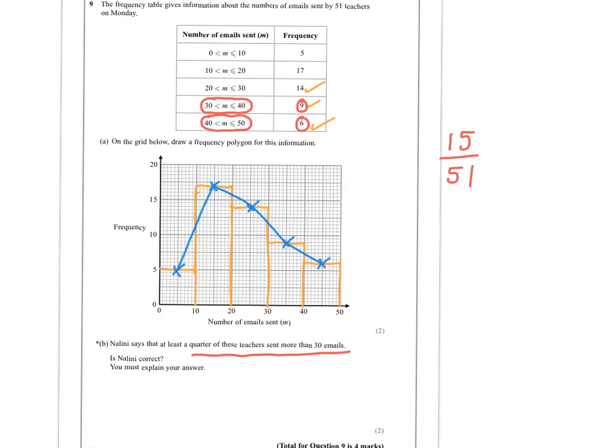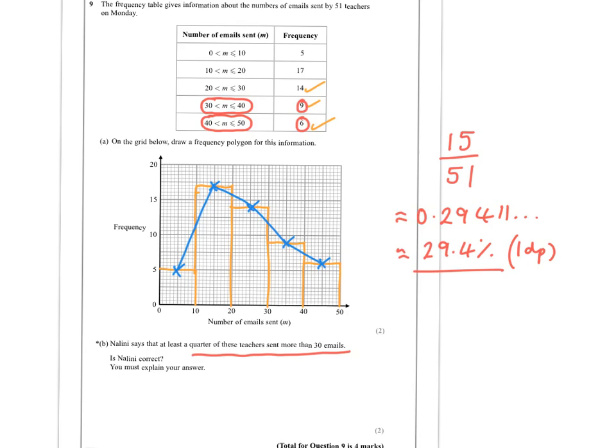So on your calculator you just need to work out 15 divided by 51, and we can do that now. So 15 divided by 51, and we get, as a decimal, 0.29411 and so on. So if you think about the decimal as a percentage, then that is roughly 29.4% to one decimal place, and that is more than a quarter, because a quarter would be 25% or 0.25.